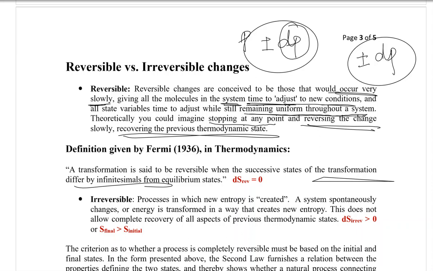In other words, when there is no entropy change.